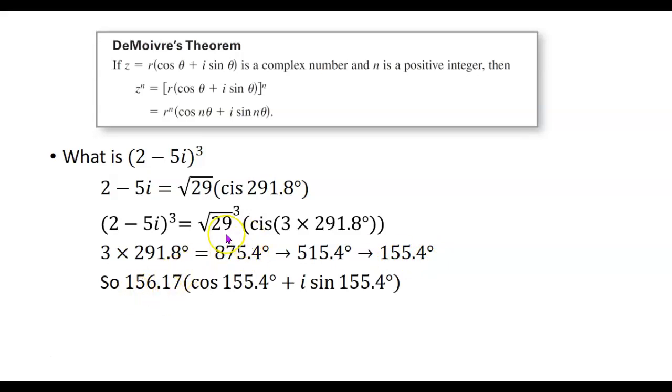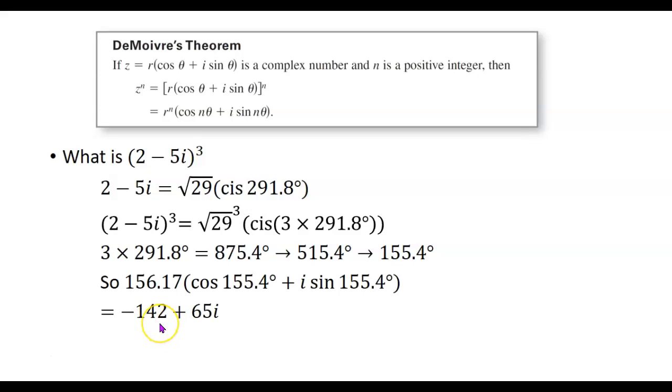So we're looking at the square root of 29 cubed, or approximately 156.17, times the cosine of 155.4 degrees plus i times the sine of 155.4 degrees. And if we convert that back into standard form, just work out, what is 156.17 times the cosine of 155.4 degrees?